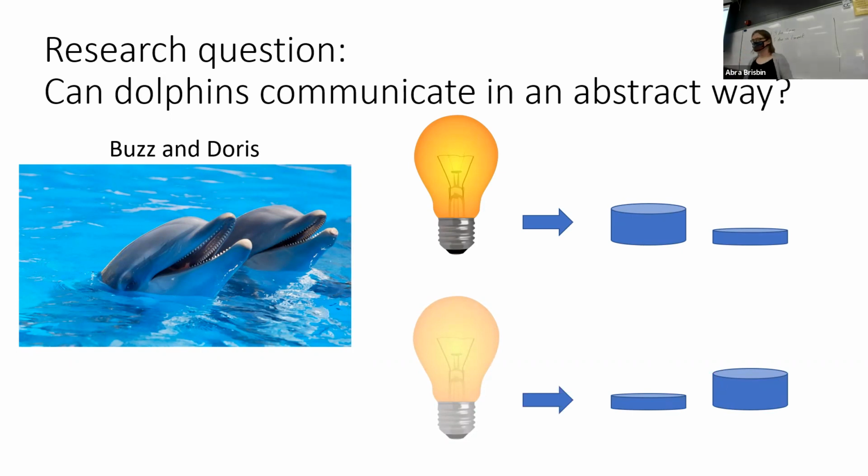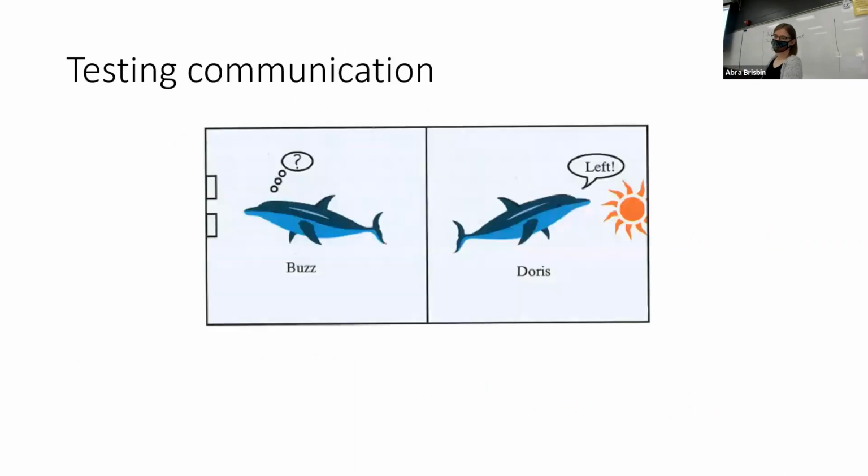Then he wanted to test whether the dolphins could communicate with each other about which button they should push. So he set them up in a pool so that Doris was the only one who could see the light, and Buzz was the only one who could press the buttons. If Buzz pressed the correct button based on the light that Doris saw, then they would both get fish.